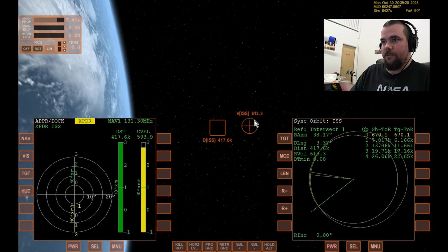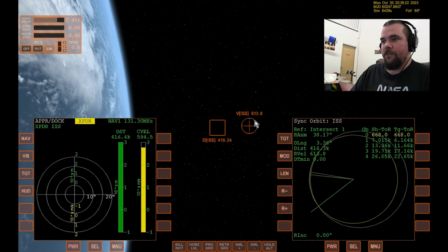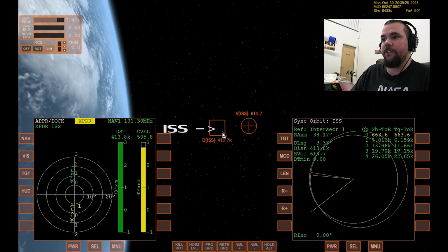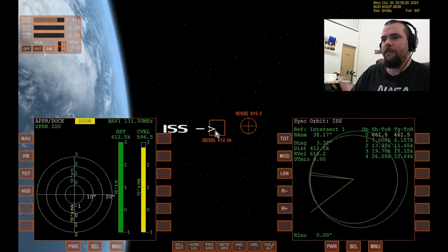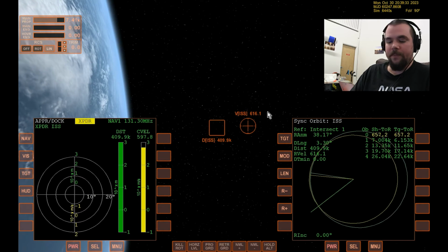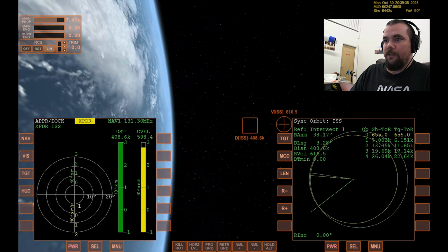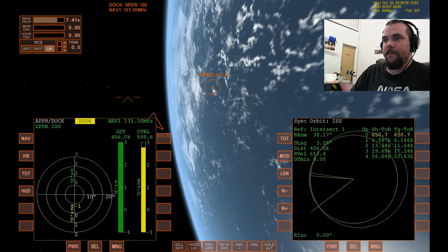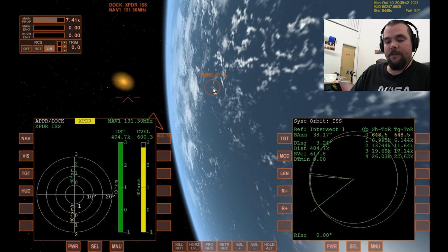This circle right here is telling me my direction vector relative to the space station. So you can see that I'm almost going directly towards it. And this will probably come down a little bit more as we get a little bit closer. And then if you look the other way, there's the direction vector in the opposite direction.